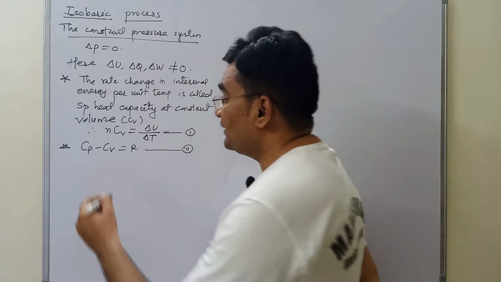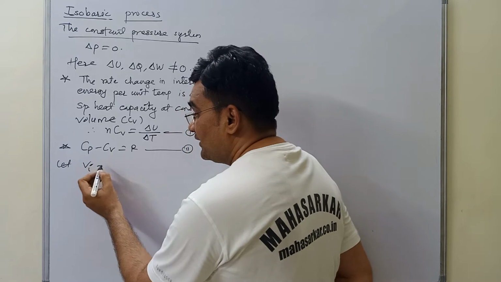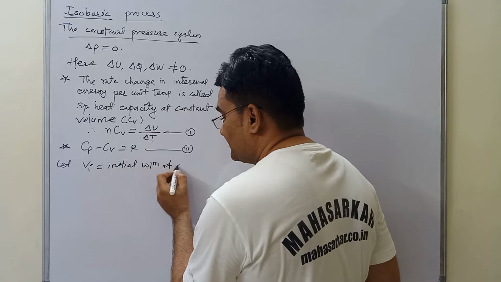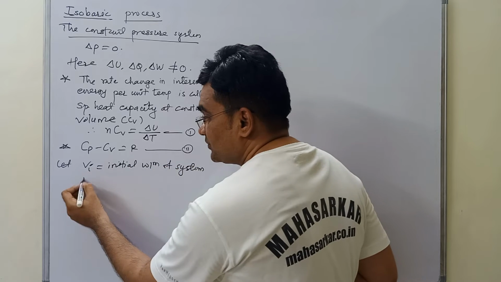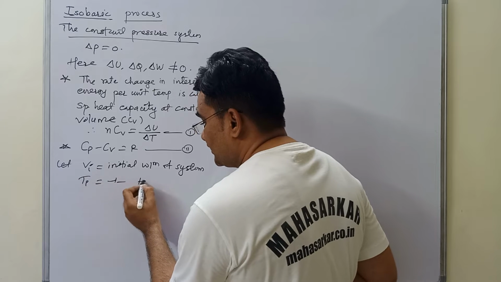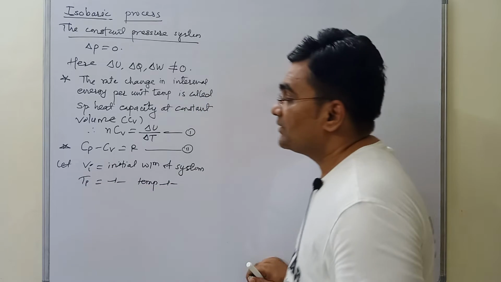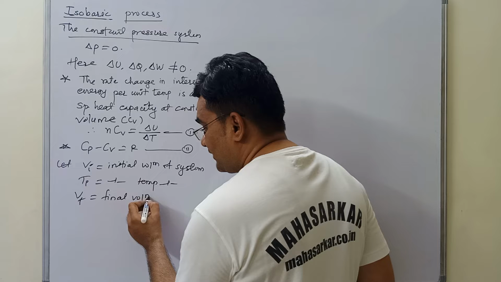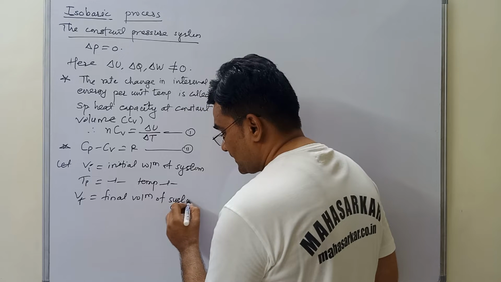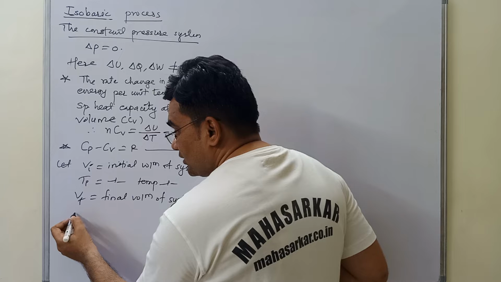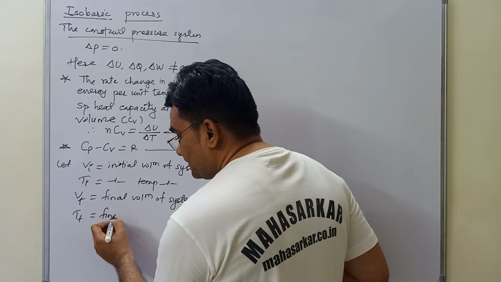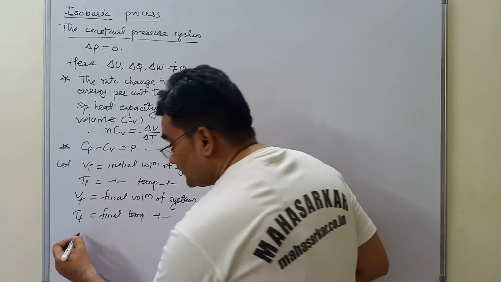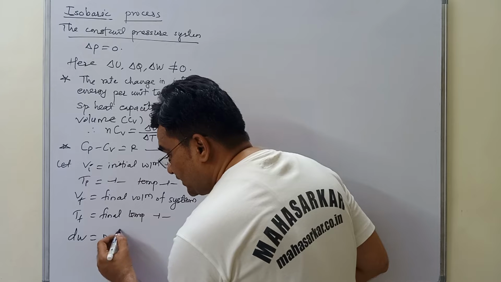Let Vi be the initial volume of the system, with the corresponding initial temperature Ti. Vf is the final volume of the system, and Tf is the final temperature. If I want to write the work done, the basic formula is work done equals P into dV.